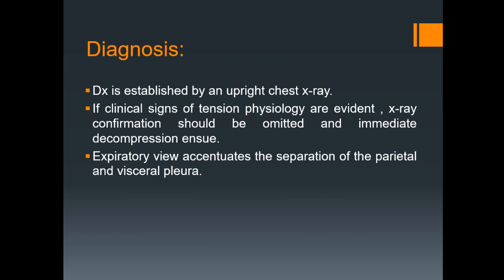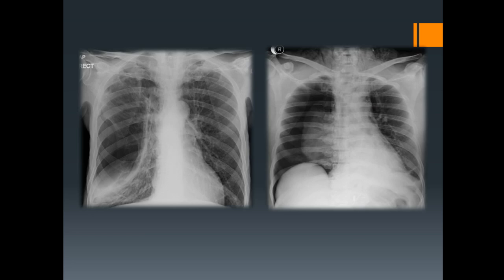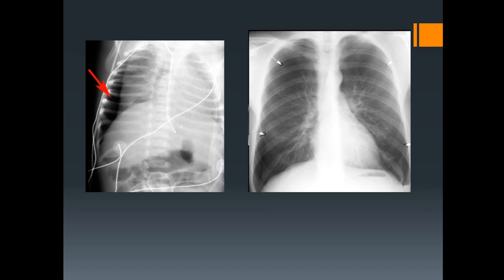This is how it will appear in pneumothorax. It will have a dark black appearance. There are no bronchovascular markings in the lung that you see on the left lung. In the right lung, it is absolutely black without any bronchovascular appearance.